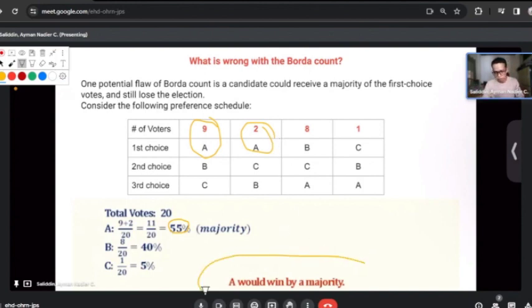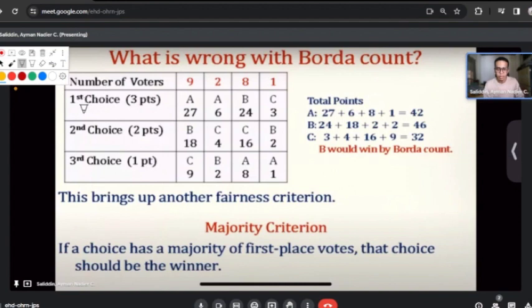If it's a majority, then A should win. Like I said, assign 3 points. If we do the calculation, we could see that B won instead of A. Remember, A was the majority winner. So with the Borda count, B would win.